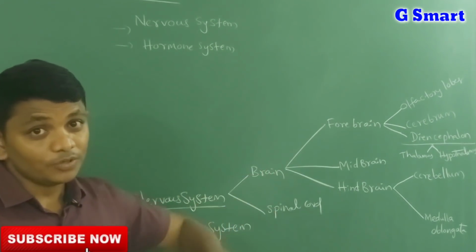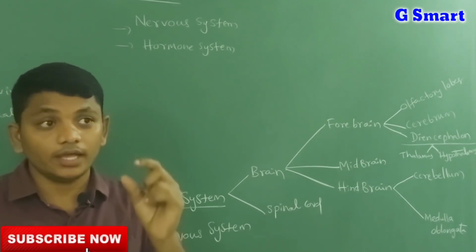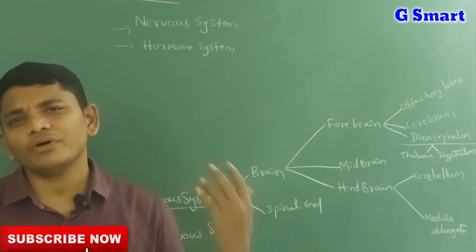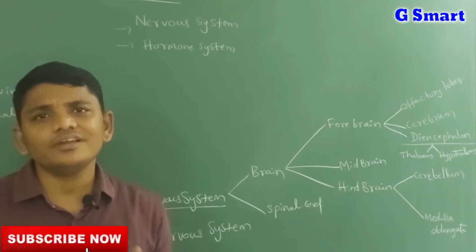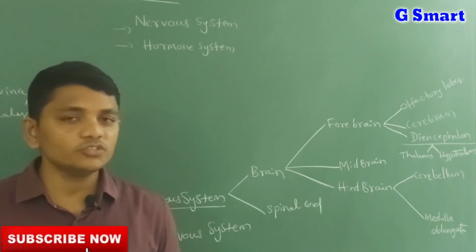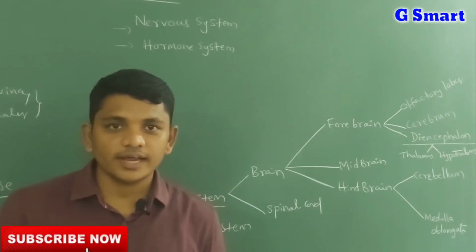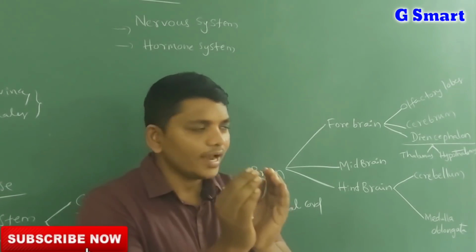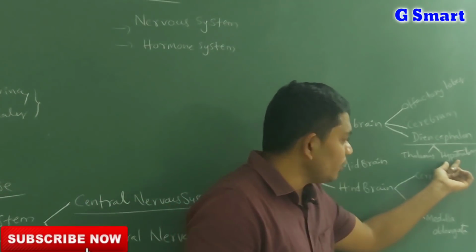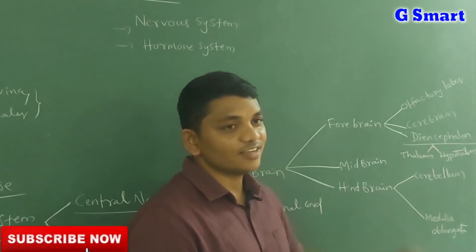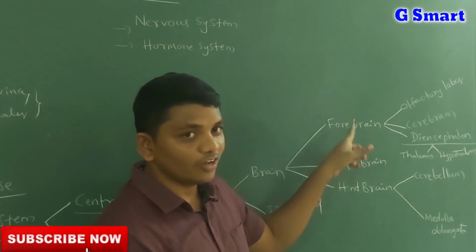In the hypothalamus part, we can see a gland called pituitary gland, which is the most important gland in our body, which secretes hormones, and it is also called the master gland. So master gland is located in the hypothalamus area. Hypothalamus is a part of diencephalon. Diencephalon is a part of forebrain.